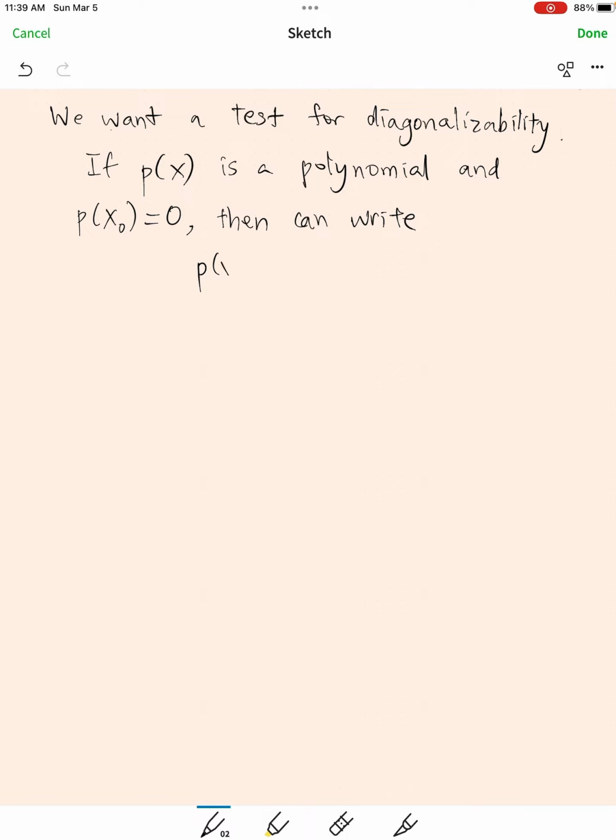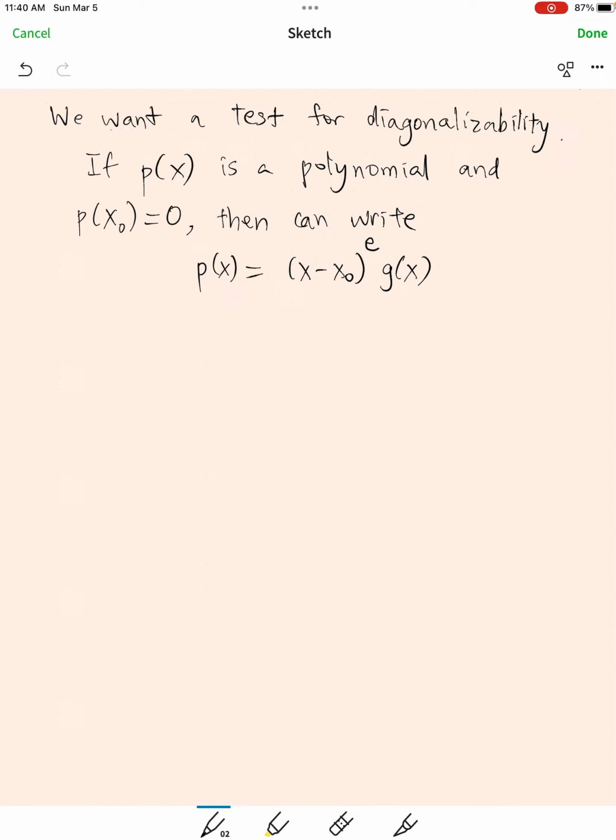So you can write p(x) as x minus x0 times g(x) for some polynomial g(x), and g(x) might also have x0 as a root. So if g(x) has x0 as a root, you can factor out x minus x0 again. So there's going to be some power of x minus x0 that you can factor out from p(x).